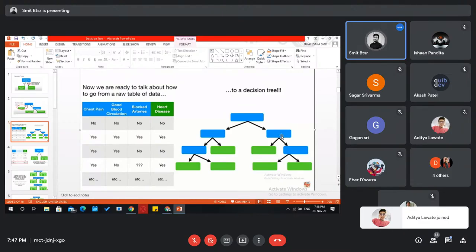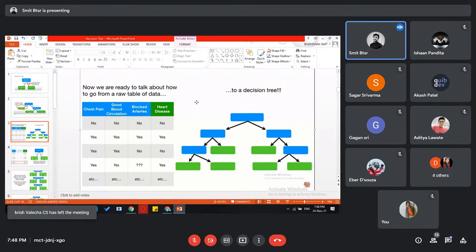A node is just a point. I think you must have heard this word. If you have not heard of it, just remember there is something called nodes, and these four are nodes.